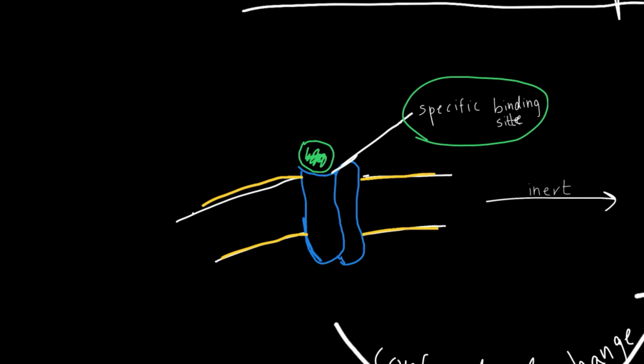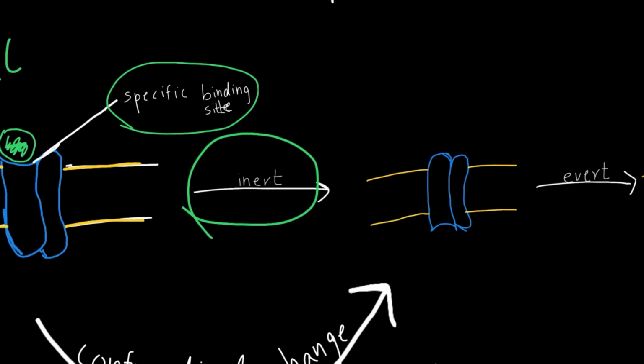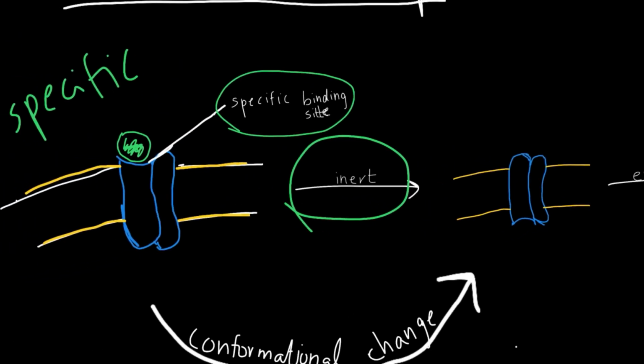Now it binds right here, and because of its specificity, as we've learned, one type for one molecule or one ion, it attaches right here and inverts fully, as we've established earlier, that it shows an inversion in the 3D shape. So it shows an entire inversion to become this, right?